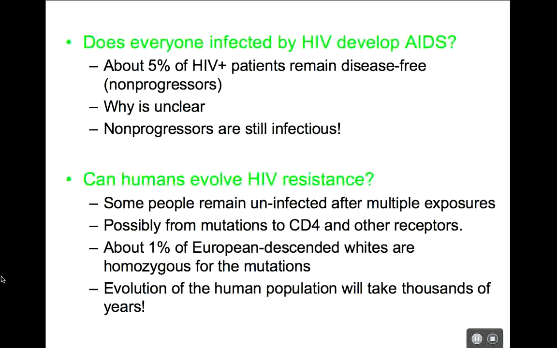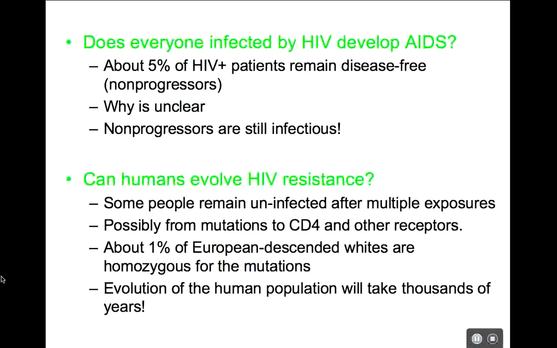They can document exposures where they've had unprotected sexual contact with somebody who's HIV positive. However, the patients never become HIV positive themselves, which is fascinating. They remain uninfected after multiple exposures.